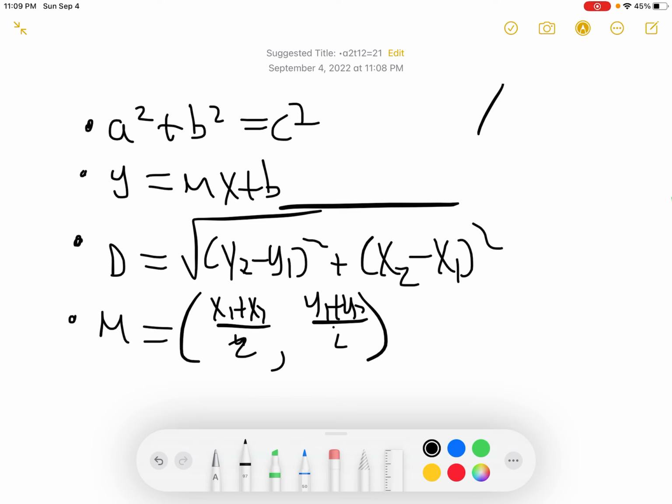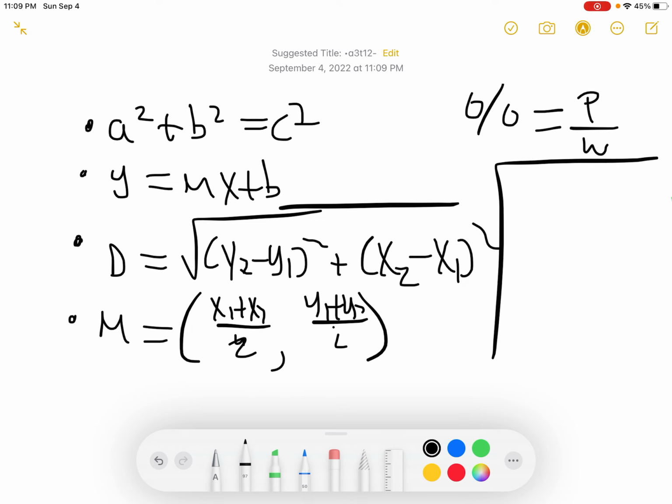Definitely this one. And if you don't know your percent, then I would know that it's part divided by whole. I would know your angle rules, the 180 degrees in a triangle.